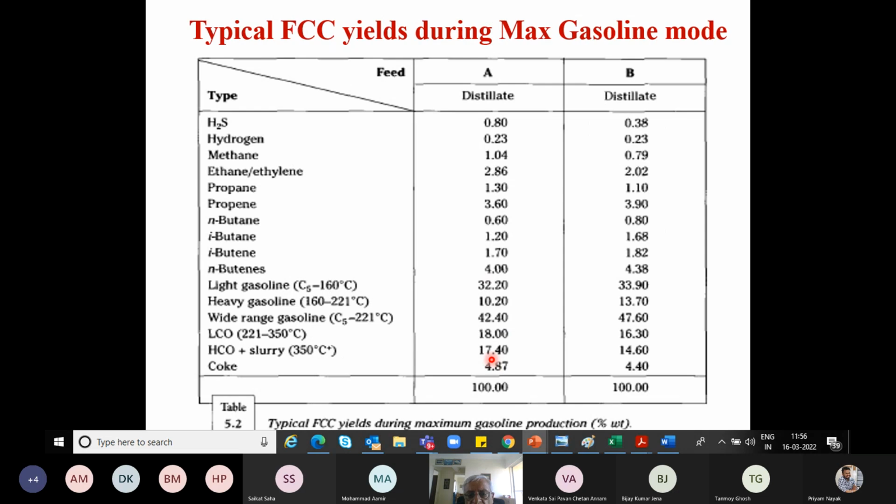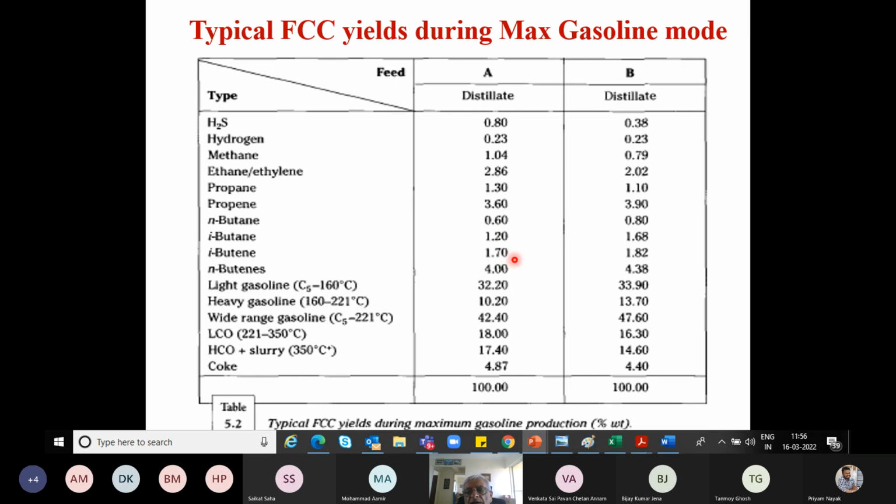So this is the kind of breakup of products that you see, and where people make money from these products is basically the propylene, and the isobutylene, from which you can make MTBE, methyl tertiary butyl ether.